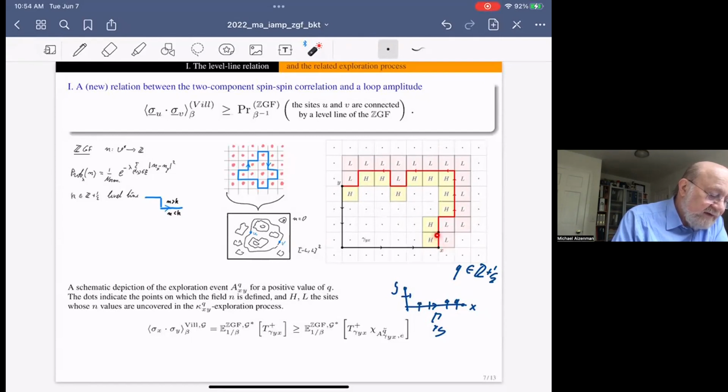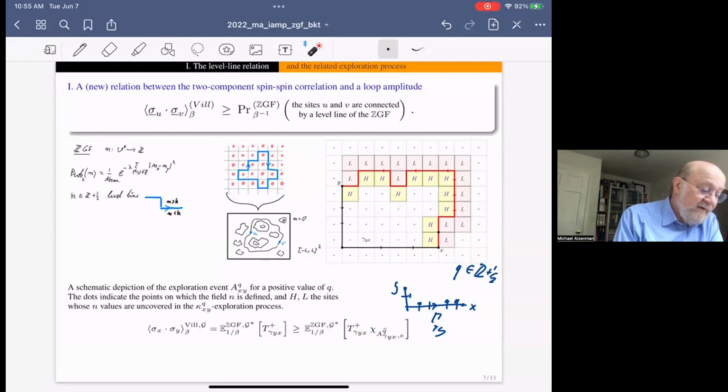Now notice that the boundary conditions actually are such that we stress the system, we condition on there being a step up in this direction, and in that case, what we prove is that the effect of this disorder operator T is actually positive. The expectation value of T conditioned on this event is greater than 1.